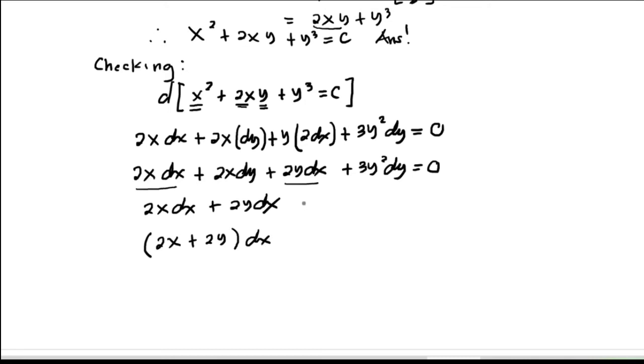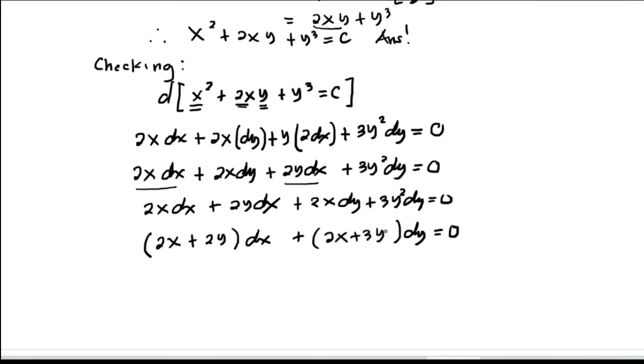Then I'm going to combine the dy terms. We have 2x dy plus 3y squared dy equal to 0, and then combine them by factoring. The common factor is dy, and we have 2x plus 3y squared. This equation is the same as the given. Therefore, our answer is checked.